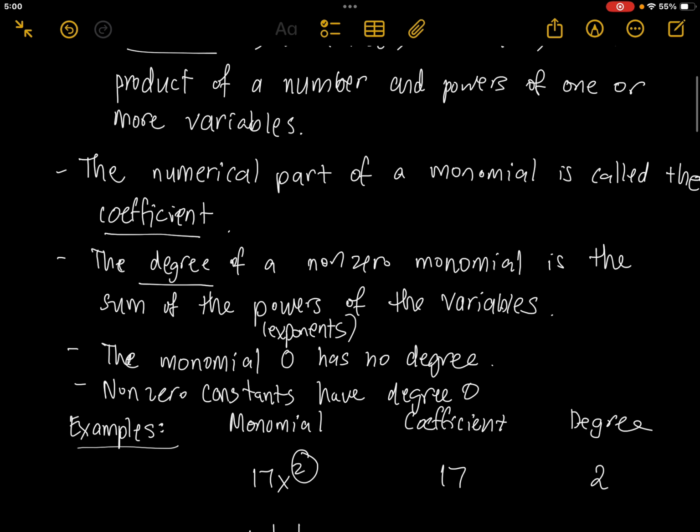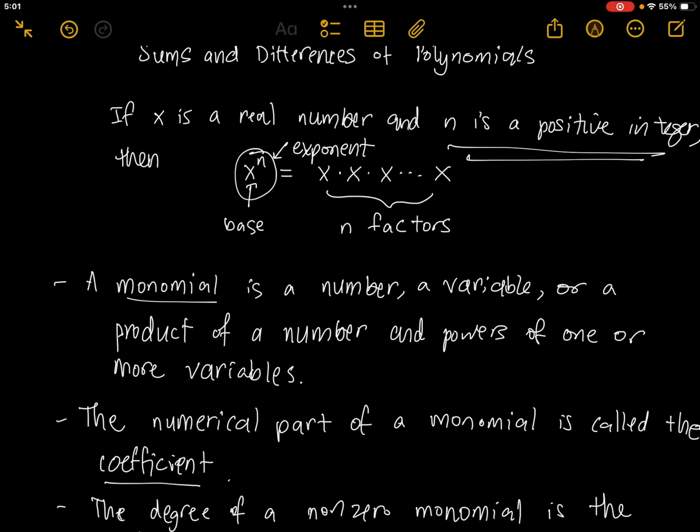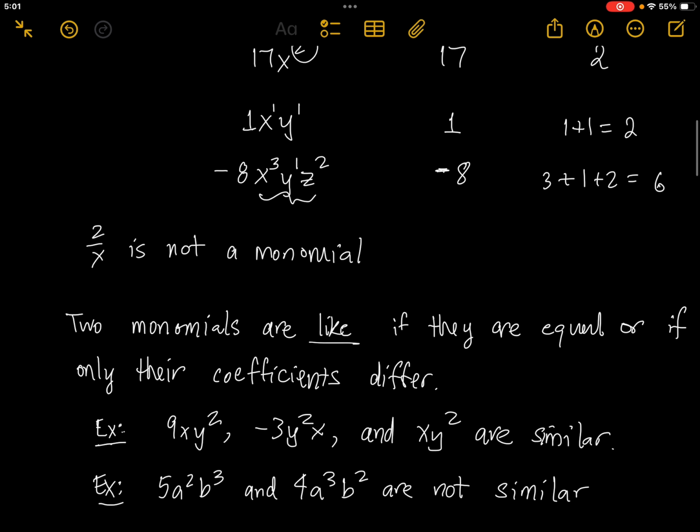When I say a variable raised to a power, we're talking about positive integers. If you know about negative powers, 2 divided by x can be rewritten as 2 times x to the negative first power, but negative 1 is not a positive integer. That's why it doesn't count as a monomial.